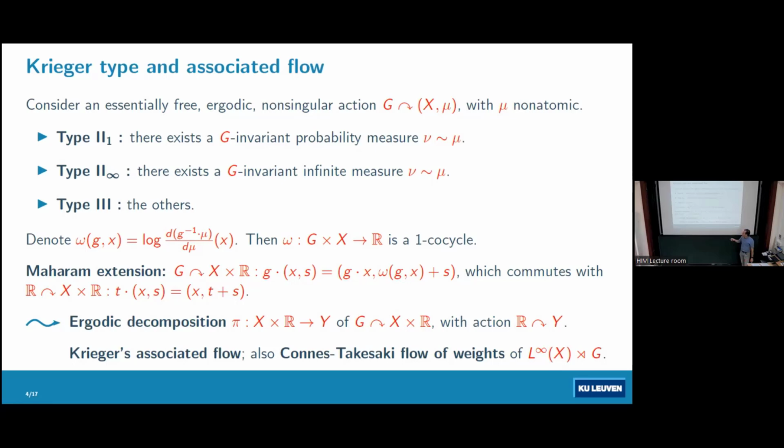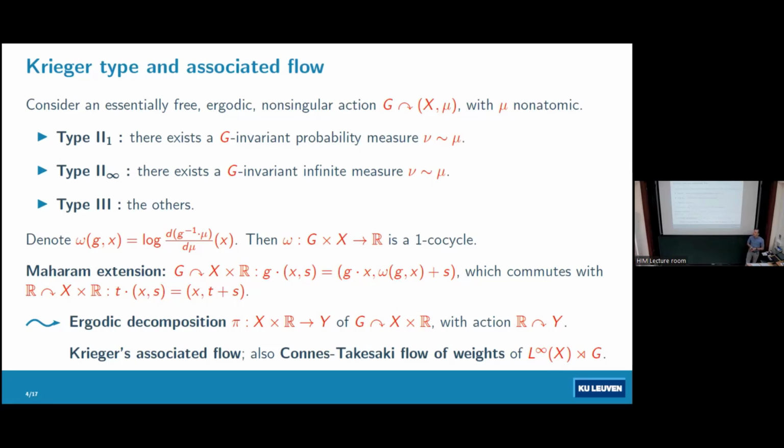Now, what one does is then taking the ergodic decomposition of the G action. So you take this largest G-invariant factor map, realizing the G-invariant functions on X times R. And then because the R action was commuting with the G action, on this ergodic decomposition we get an action of the real line.